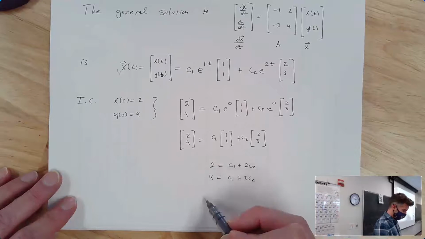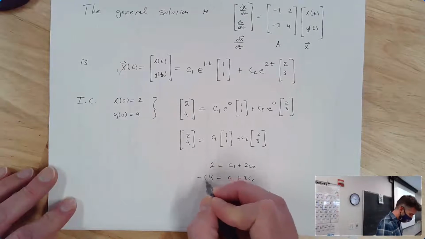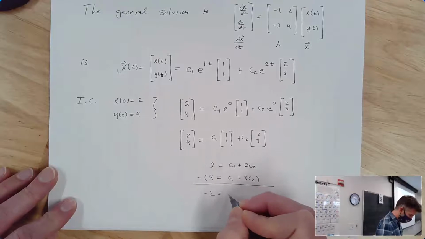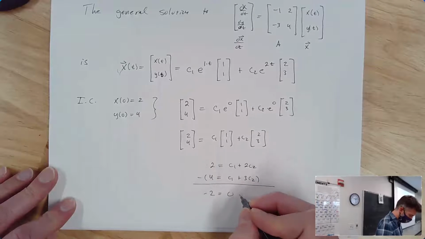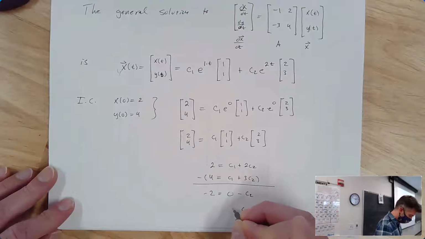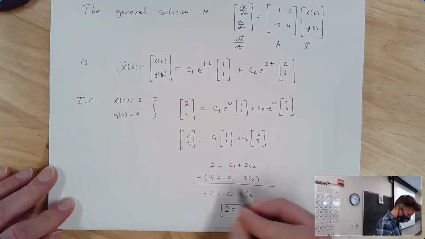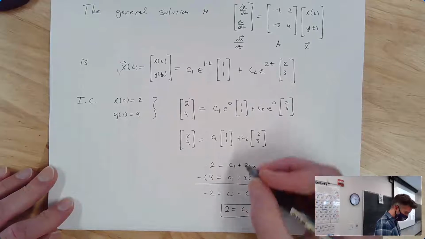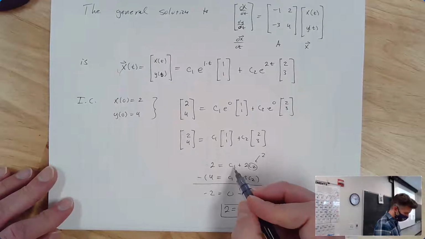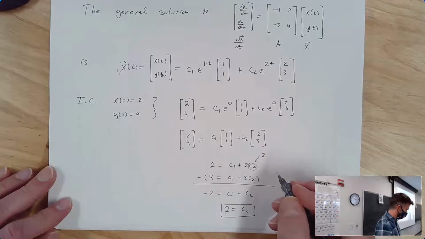So this equation minus that equation gives you 2 minus 4, C1 minus C1, 2C2 minus 3C2, so that C2 has to equal positive 2. And then C1 equals negative 2.